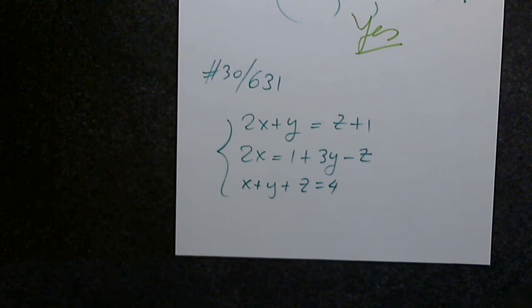So I obviously see that this system is not arranged in the correct order. In order for us to use Gauss-Jordan, all terms with x have to be one below the other, all terms with y, all terms with z, the equal symbol, and the free term on the right.